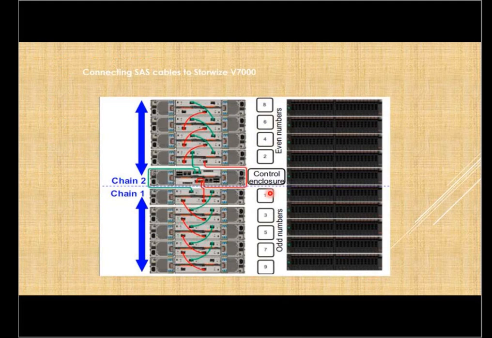So yeah, this is the slide which will make us understand how the connectivity at the rear end happens in case of Storwize V7000. So here you see two nodes, correct? And you can clearly see one SAS port connectivity going to one of the expansion enclosures and another one going to another expansion enclosure. Similarly for another node as well, correct? And then you can see inter-node connectivity like this, right?